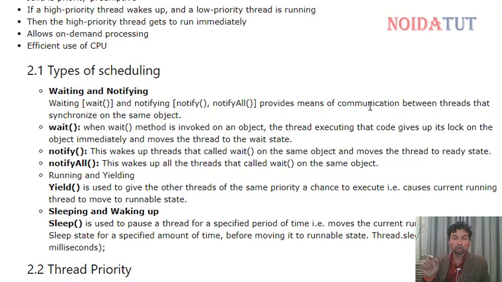Sleep is used to pause a thread for a specified period of time. That is, it moves the current running thread to the sleep state for a specified amount of time before moving it to the runnable state. Thread.sleep, in the brackets we give the number of milliseconds the thread has to sleep.